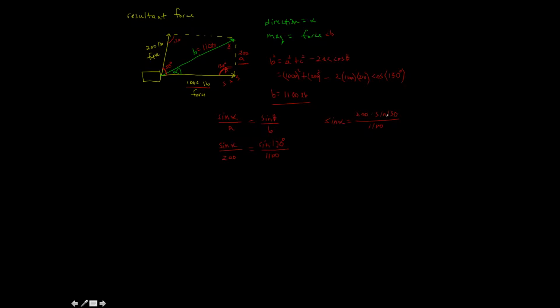Now, this is where some of you had the questions. When do we use the inverse? Well, this is when you use the inverse, because you're trying to find the angle. So to find alpha, we have to do the inverse sine of 200 times sine 130 all over 1,100.